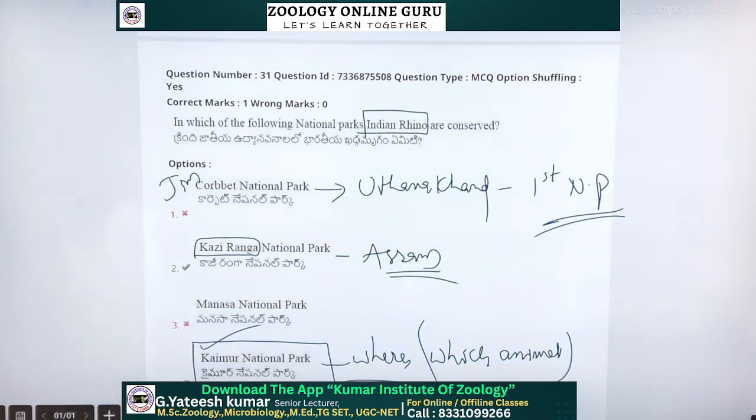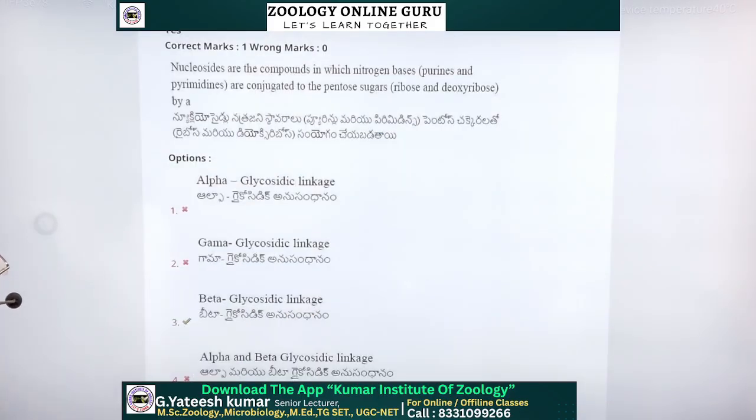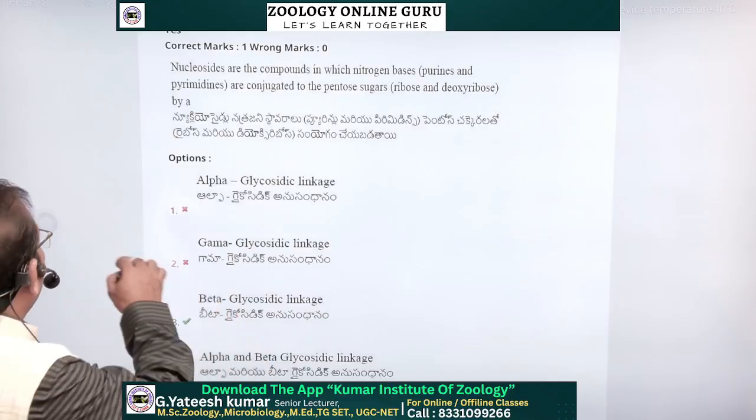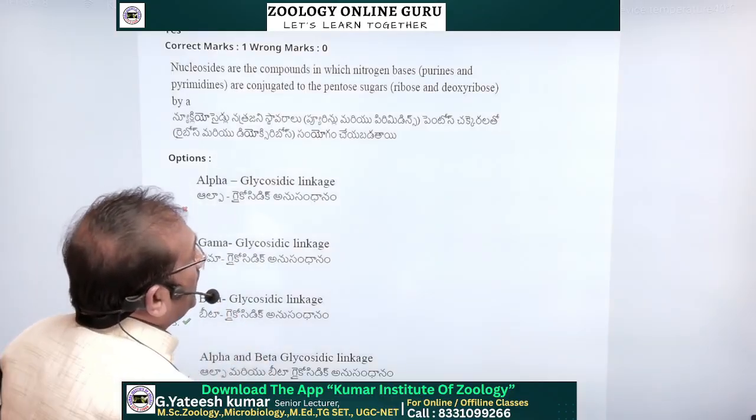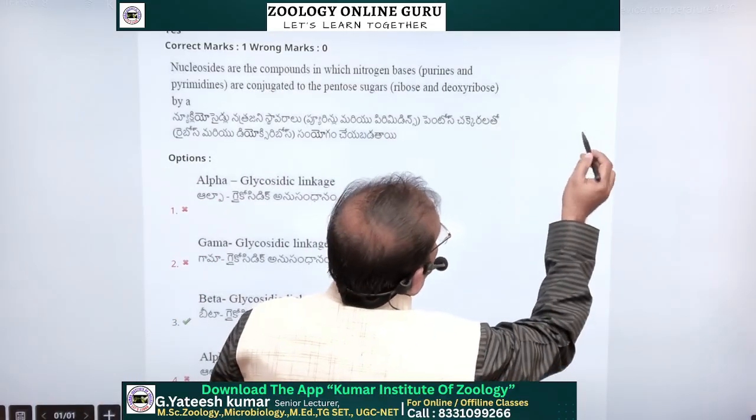Nucleosides are the compounds in which nitrogen bases, that is purines and pyrimidines, are conjugated to the pentose sugar, ribose or deoxyribose, in DNA or RNA, by a bond. You have to know about the backbone of the DNA, so we will try to draw a backbone of DNA.